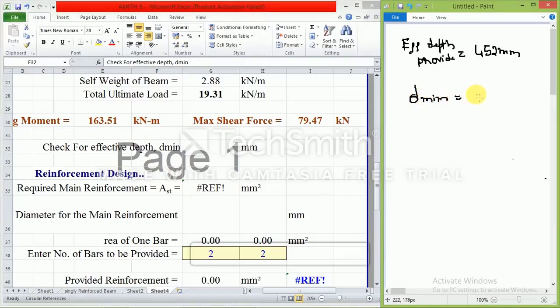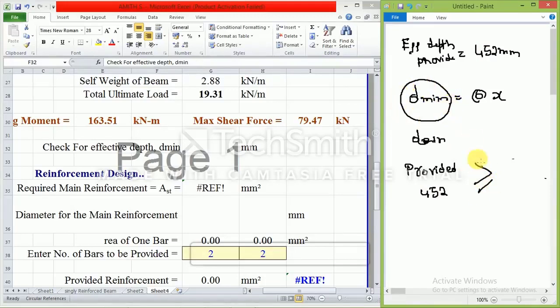The answer we are going to get over here is some x value, okay, this should be less than the provided depth, that is 452 mm. The provided depth should be greater than or equal to the D minimum we are getting.